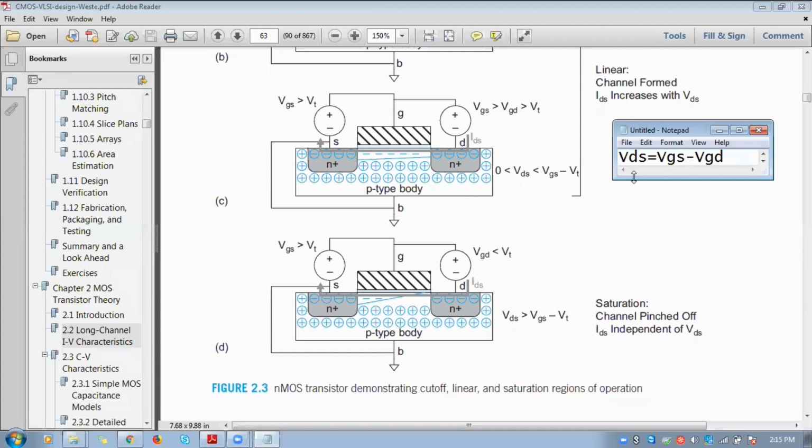Due to this high potential difference, you may think that as the potential difference between source and drain increases, more electrons have to be transported, but it is not happening here. Why?